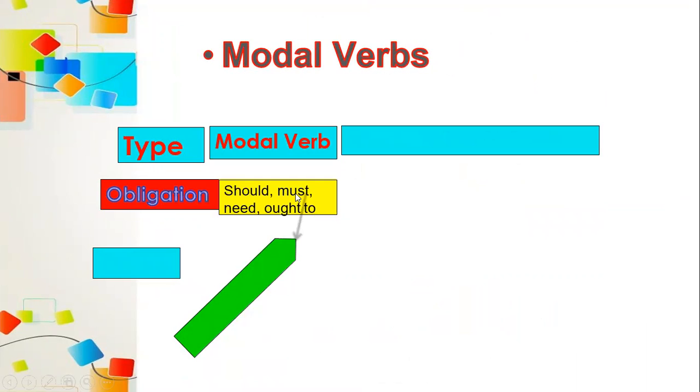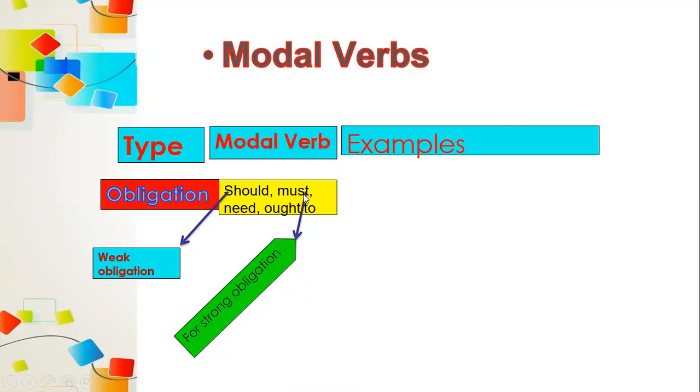Modal verb must is used to express strong obligation, need is used to express necessity, and should is used to express weak moral obligation. Ought to is also used to express obligation.